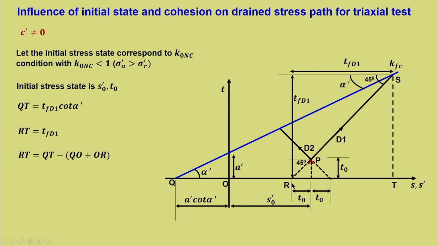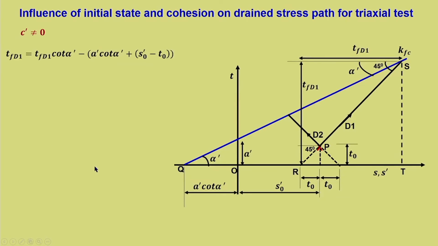We can also write RT is equal to QT minus QO plus OR. So, that will give RT. We have the expression for RT, TFD1, substituting that. We also have the expression for QT, that is TFD1 cot alpha dash, QO is already marked here, a dash cot alpha dash, and OR is equal to S0 dash minus T0. So, all these are known.